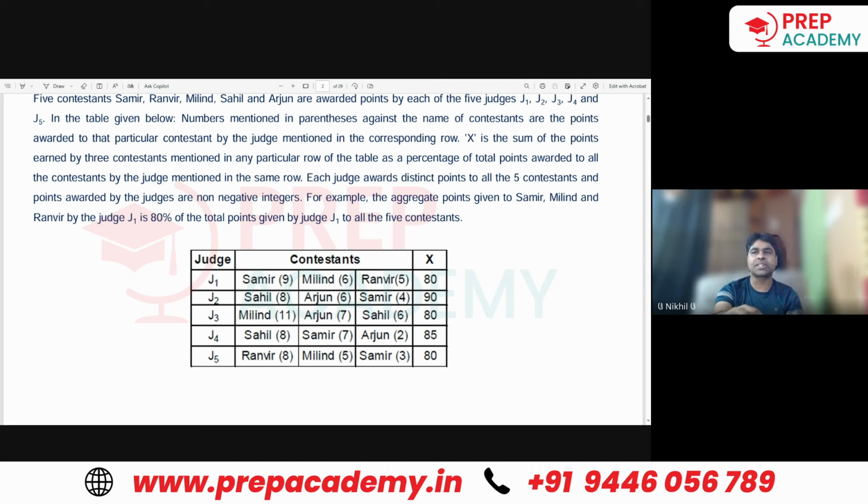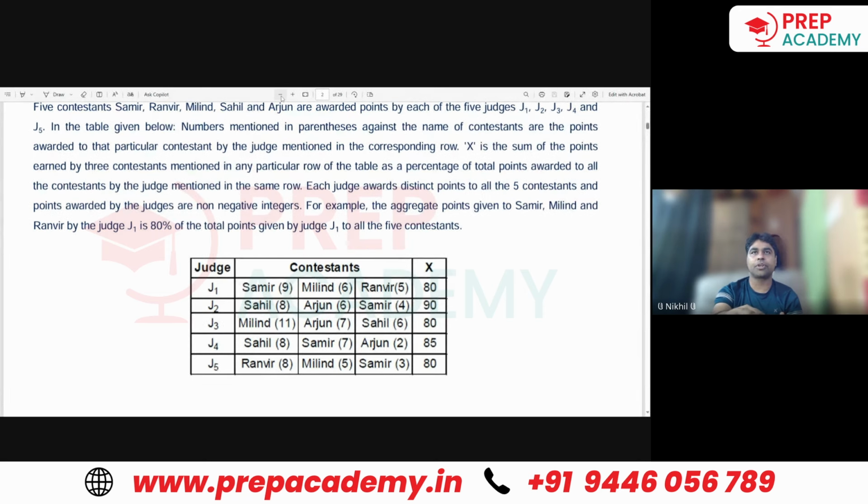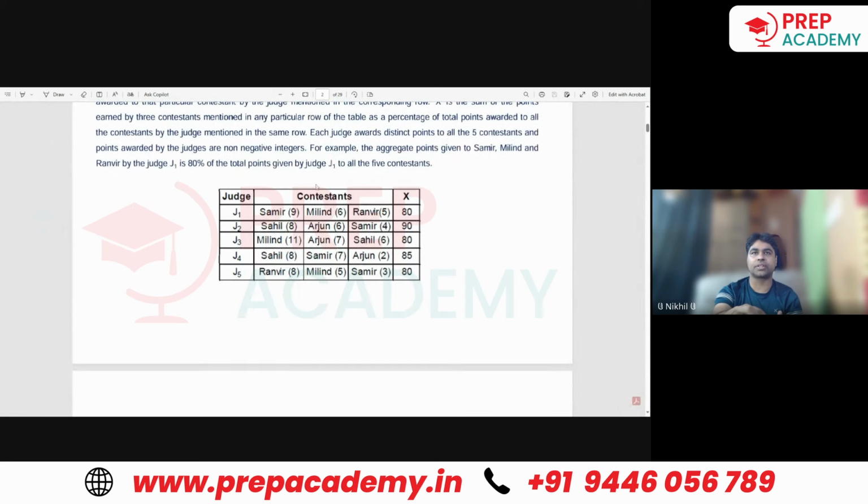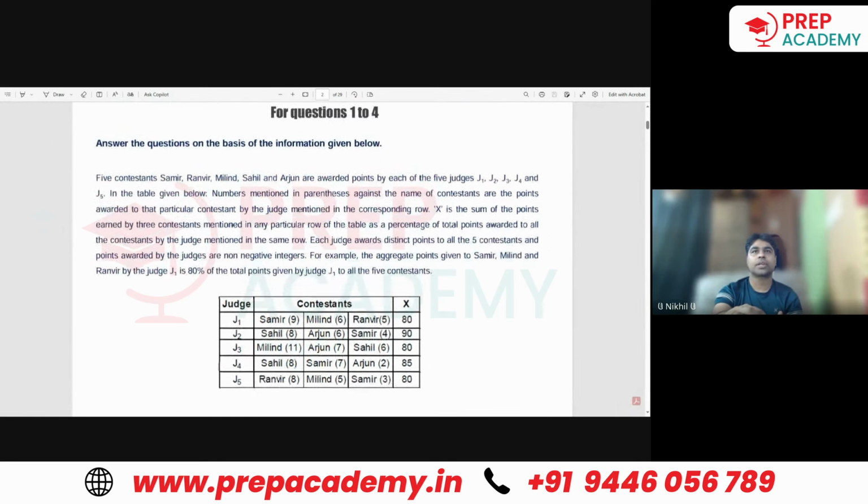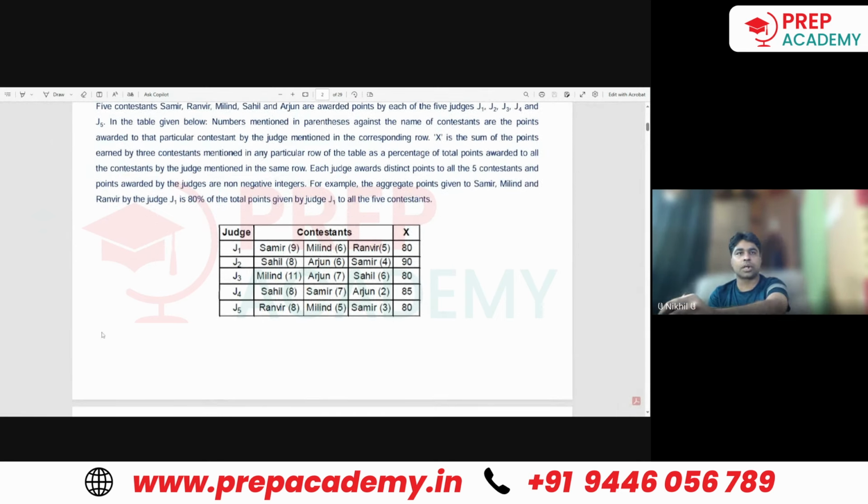You have to make another diagram in order to solve this particular caselet. You'll not be able to do it right away in the one which is given. So what you have to do is name all of them first in one order.